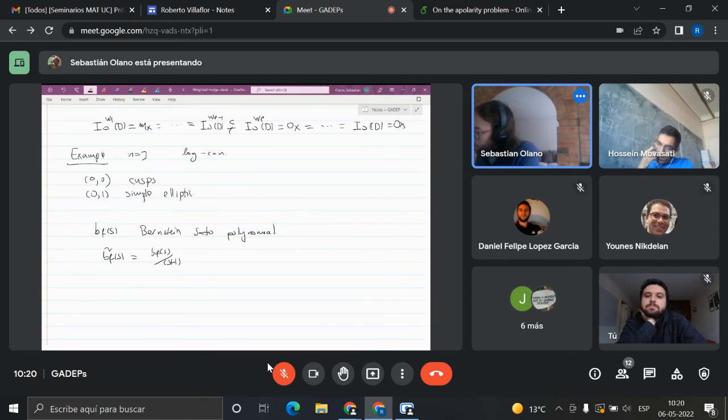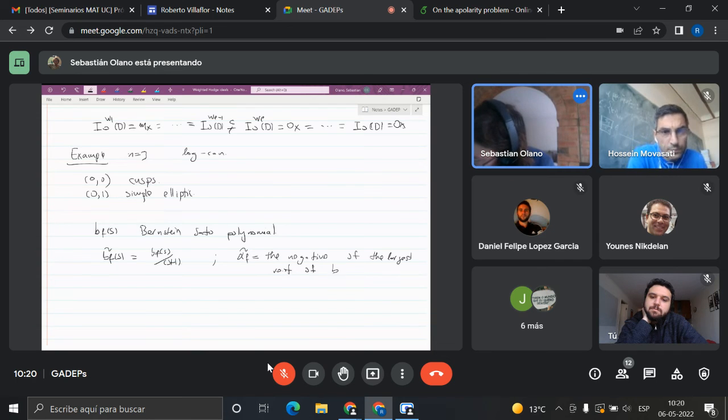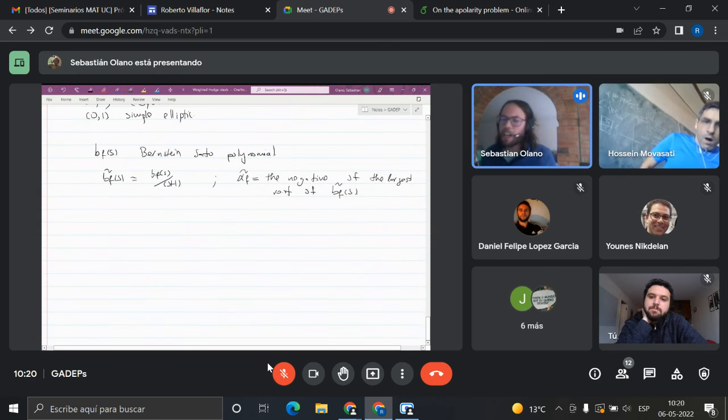And we call the minimal exponent, alpha tilde f, the negative of the largest root of the reduced b_f(s). Okay. So in some sense, this is like a refinement of the log canonical threshold.